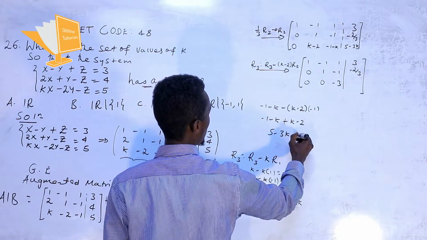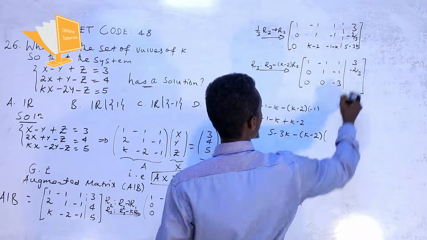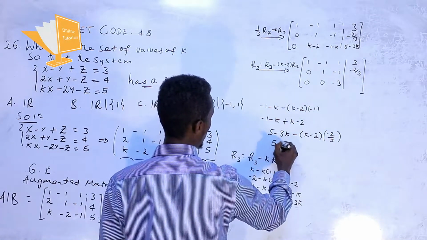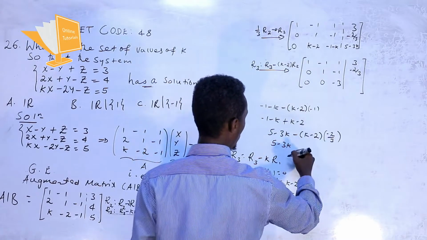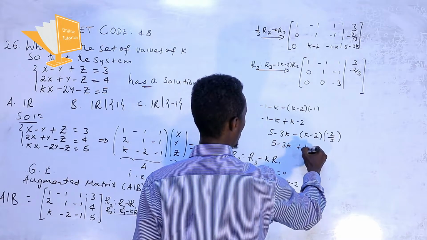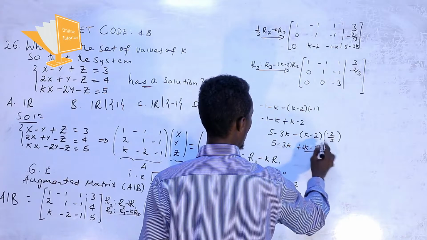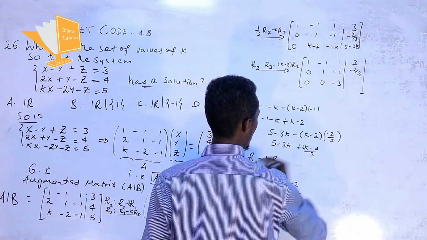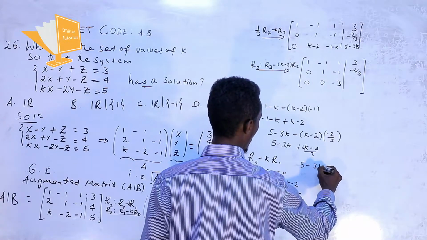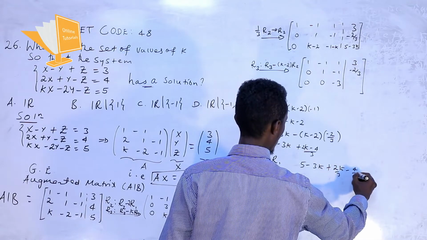5 minus 3K minus K minus 2, where the entry in the second row is minus 2 over 3. So here 5 minus 3K; when you multiply these terms by minus 2 this becomes 2K minus 2, and when you multiply these terms by 2 this becomes 4 over 3. So 5 minus 3K plus 2K over 3 minus 4 over 3.